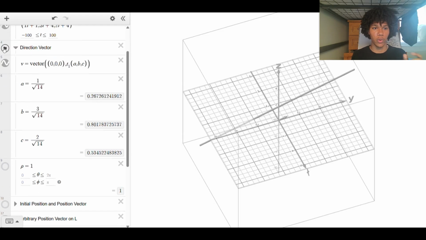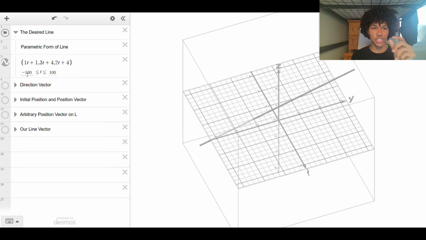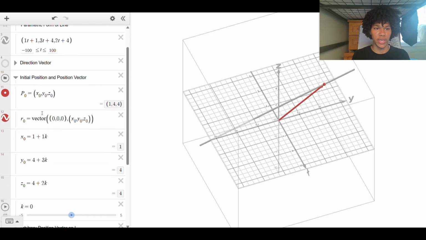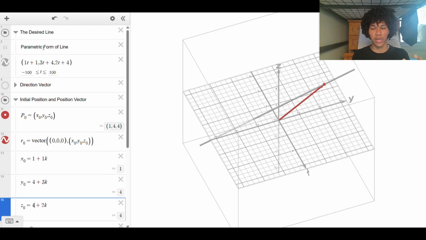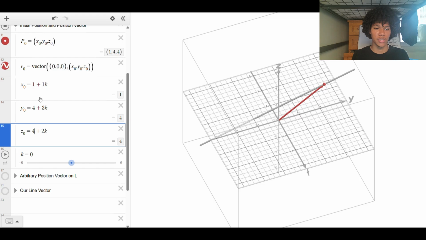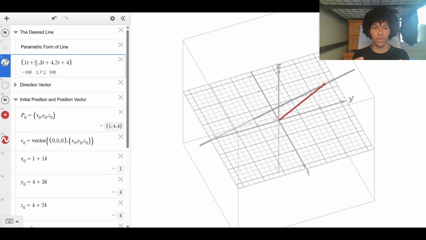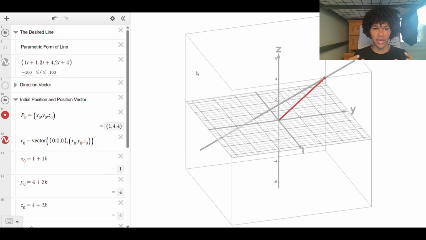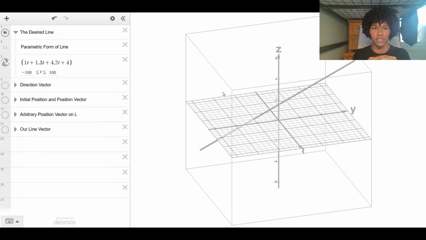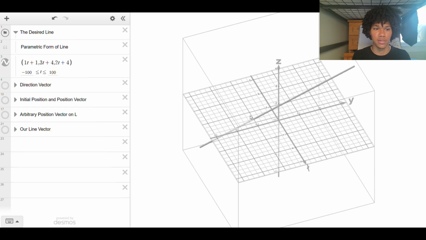If we look at what we added those jumps of the direction vector to, we added 1, we added 4, and we added 4. If we look at our initial position vector, we have 1, 4, and 4. So this goes to show how the vector representation and the parametric representation are one and the same. They're just two different ways of showing the same line.